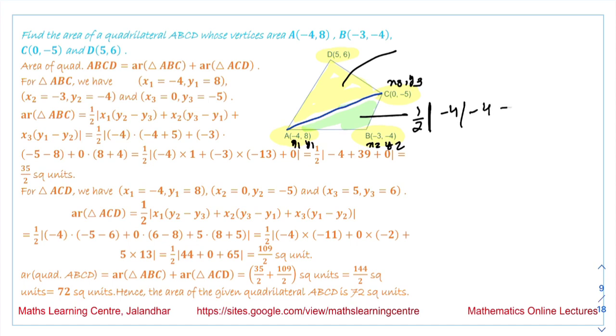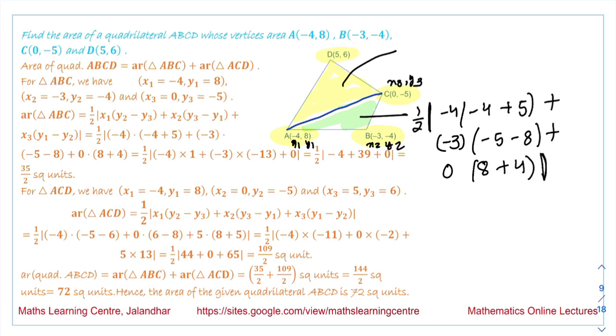So it is minus 4 plus 5. Next it is plus minus 3 into minus 5 minus 8 plus 0 into 8 plus 4, and we put mod over here, and the final answer we will get is 35 by 2 square units.